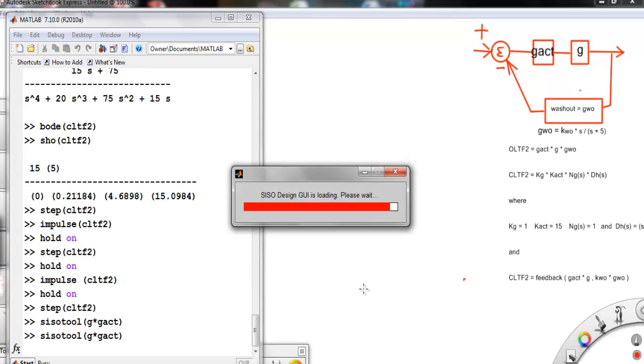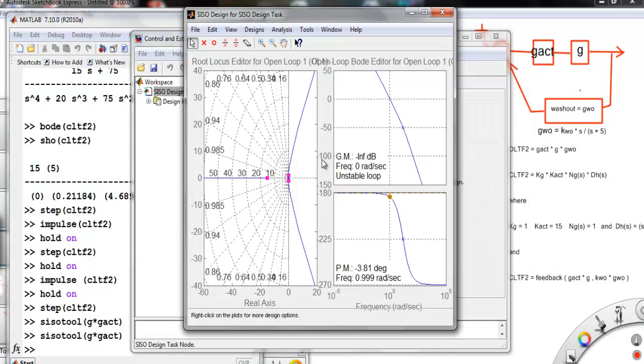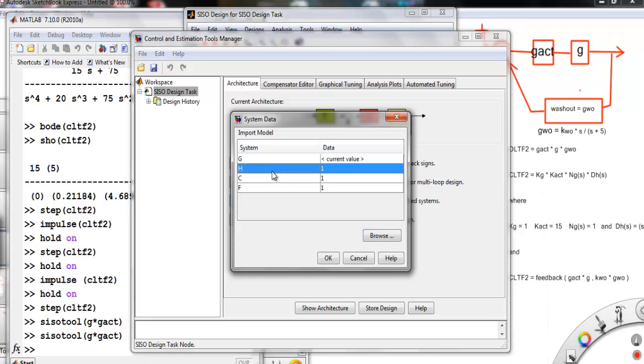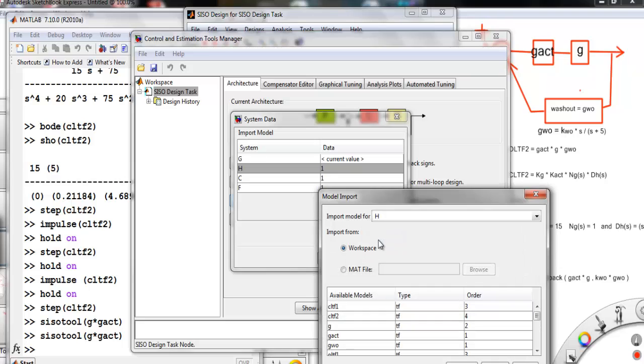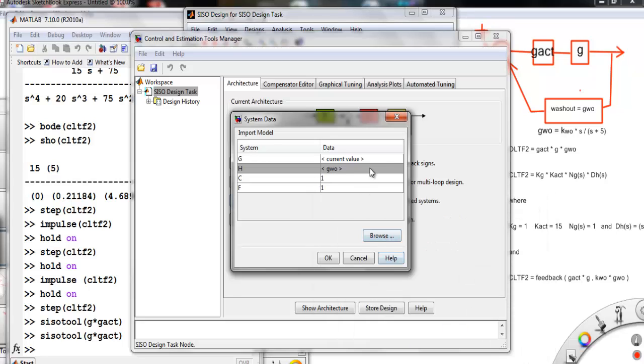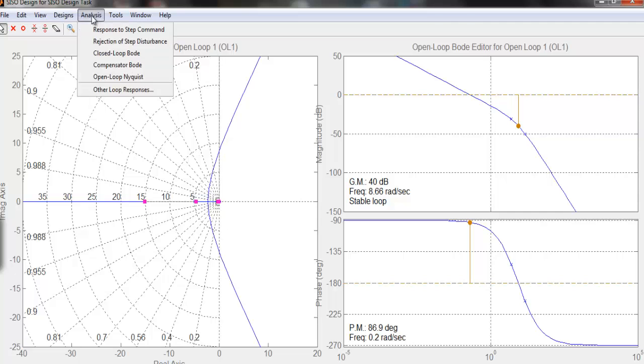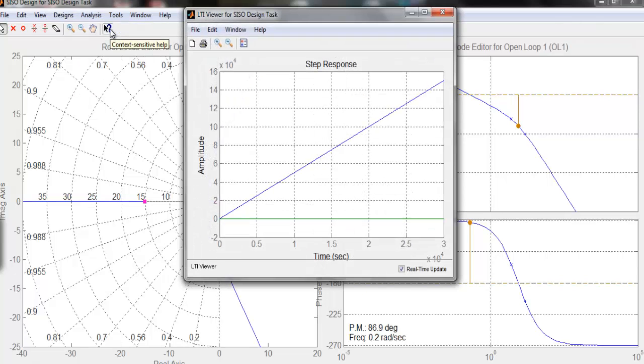You have to call it with the correct G. And then in the system configuration box, you would go to the architecture, system data, and pick an H. So now after you pick the H, you're going to browse and pick the washout. Then import the washout. Then you can close this, and you see that it has the washout in there now, and you say OK. So when you give it a step command, you're going to get the ramp that you had before, that you should get.